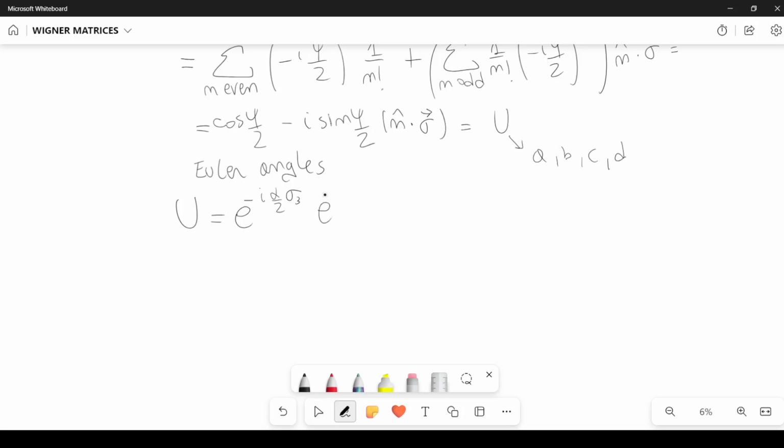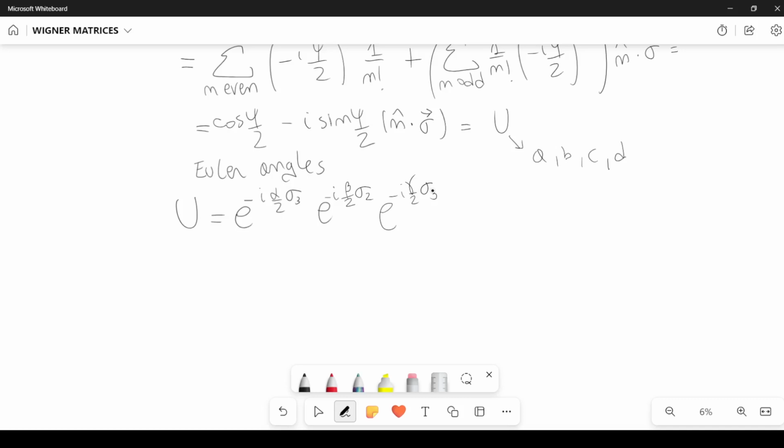Then you have a rotation around the y-axis, so you have something like e to the minus i beta over 2 sigma 2, and then you have e to the minus i gamma over 2 sigma 3. So you have a rotation around z, a rotation around y, and another rotation around z: z, y, z. This is how you can write a generic rotation.